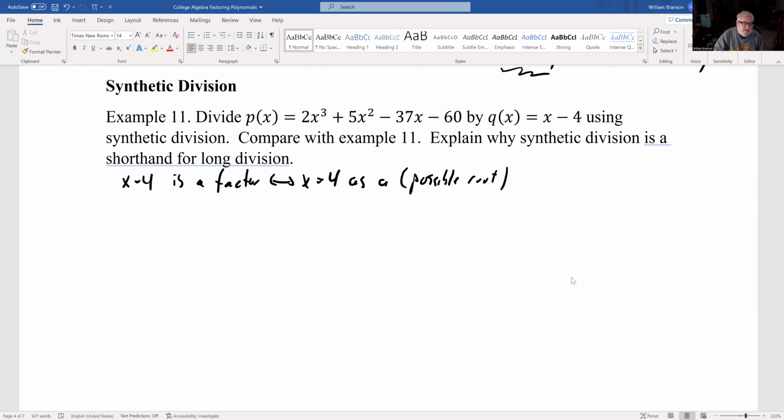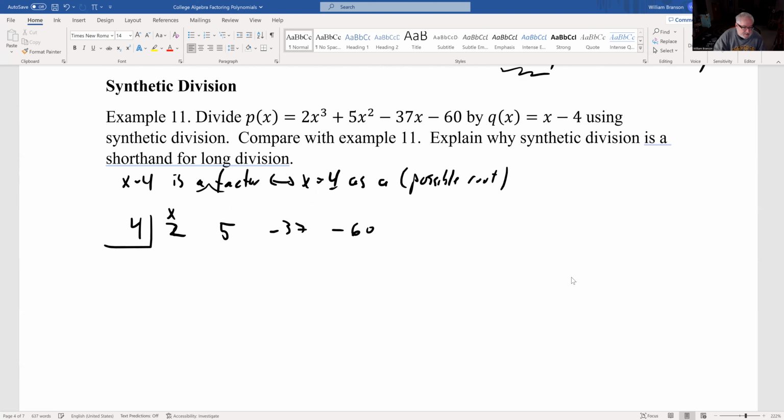And this is a possible factor. We don't know it's a factor yet because we actually have to do the division. So we'll take the 4, not the minus 4, but the 4, and we'll put it in a little box there. And we'll write 2, 5, minus 37, minus 60.